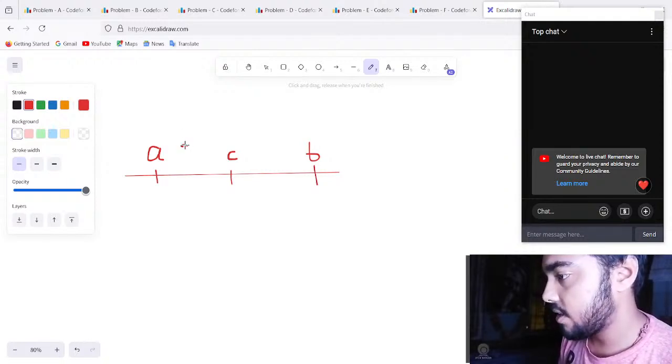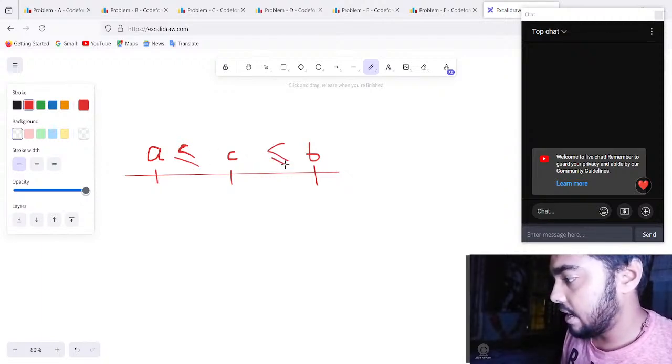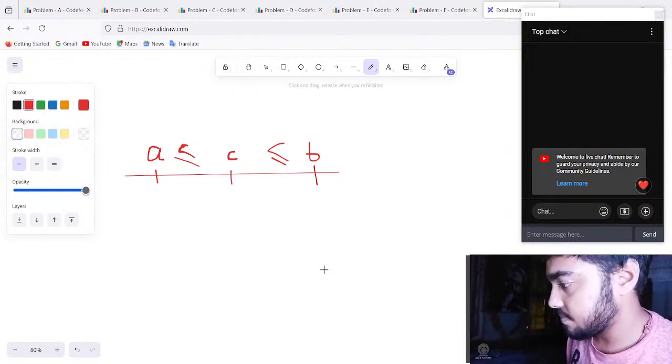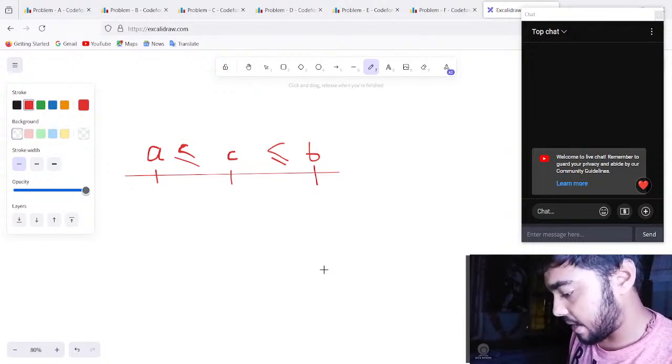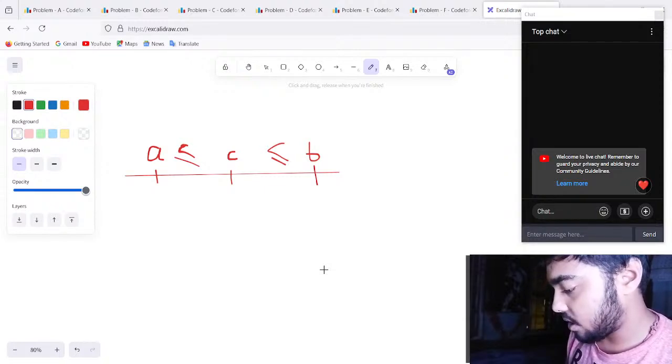Because it was given that A is less than or equal to C, and C is less than or equal to B. So C is going to be somewhere over here, right?